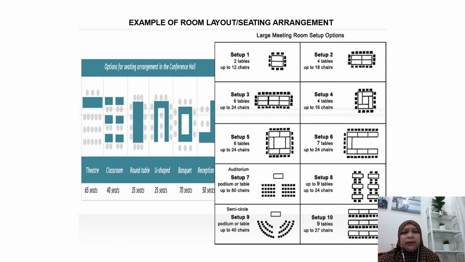Actually, there are so many types of seating arrangement, and it depends on the organisation, the hotel, the event organizer and so on. So basically, if you look here, for large meeting room setup we have up to 10 types. For the usual meeting setup, like these chairs, the squares are the tables, and the seats in black, there are about 10 setups, right? So these are the usual ones. Okay, so why you need to understand, because when you are planning anything, you must know what the setup is like.